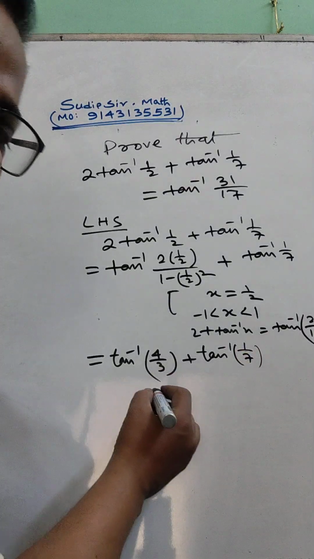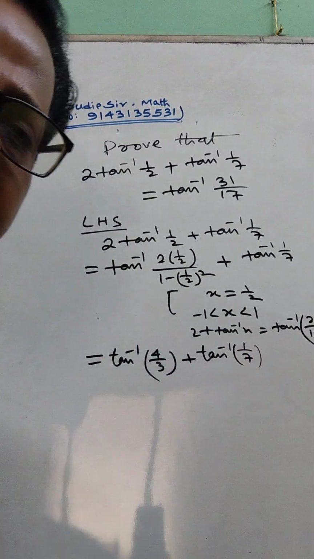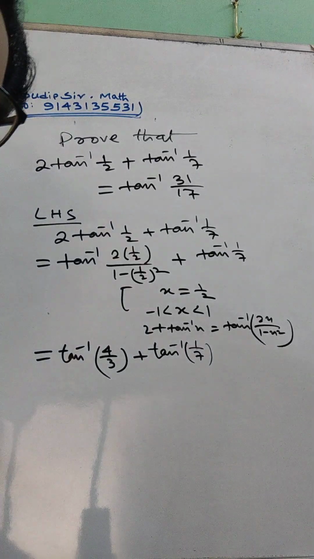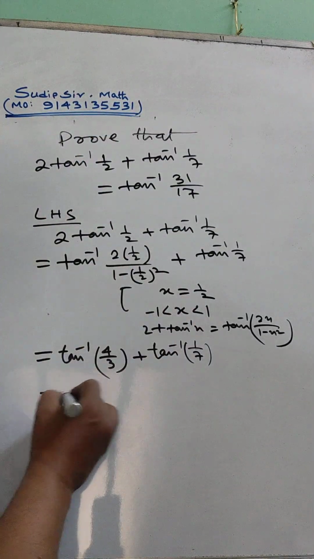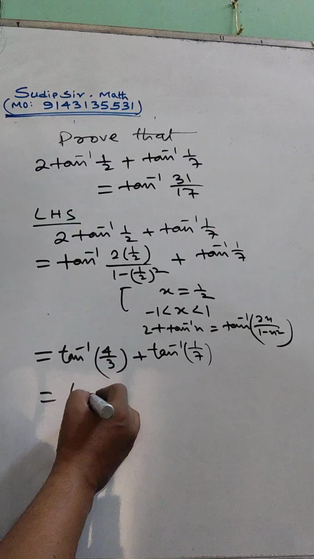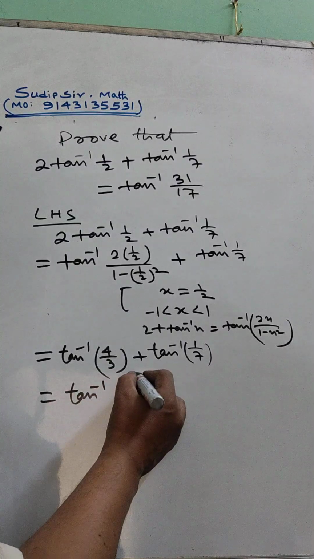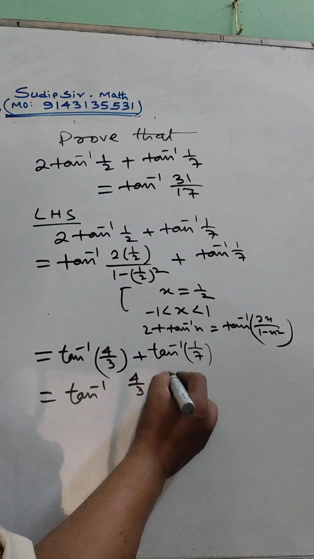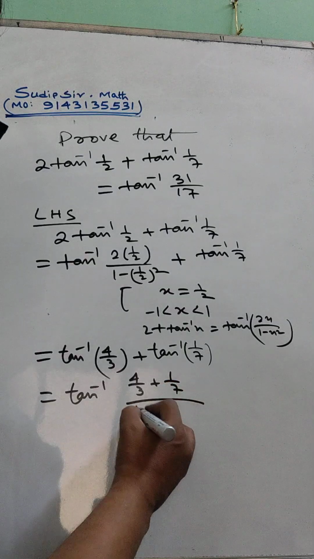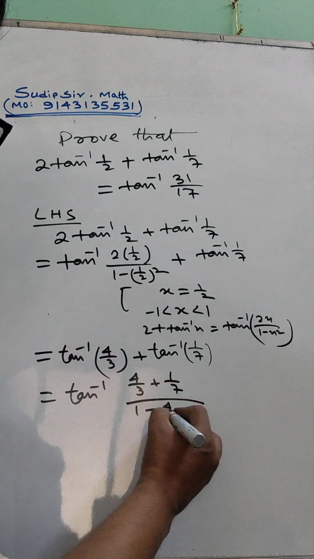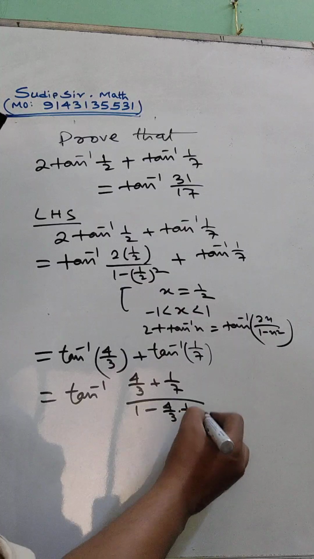Now we use the formula tan inverse x plus tan inverse y equals tan inverse of x plus y by 1 minus xy.